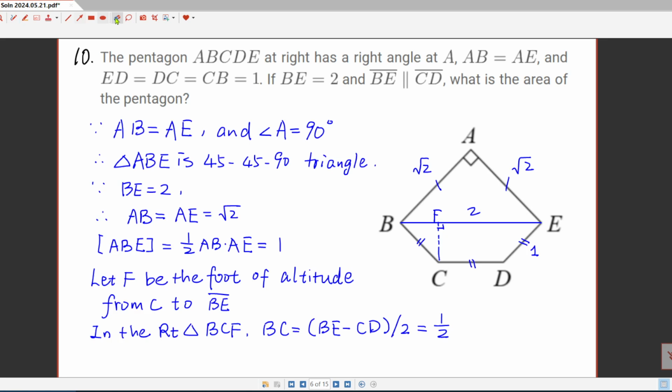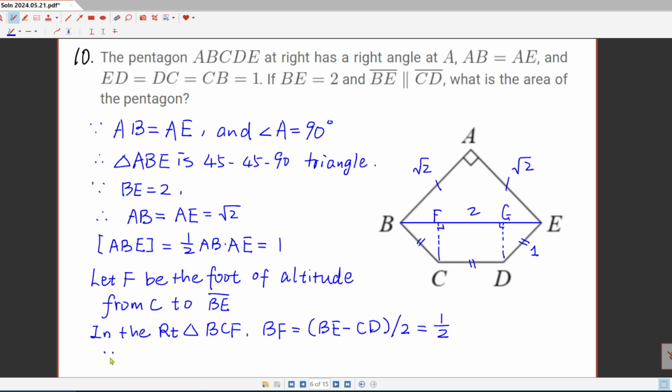Oh, sorry, my bad. That should be BF, not BC. Because once you draw this altitude, the foot of perpendicular F, then CDEF is actually a rectangle. Therefore, BF is 1/2 of BE minus CD, right?